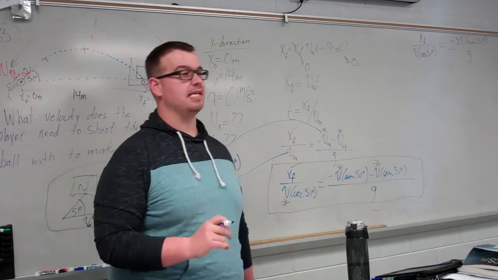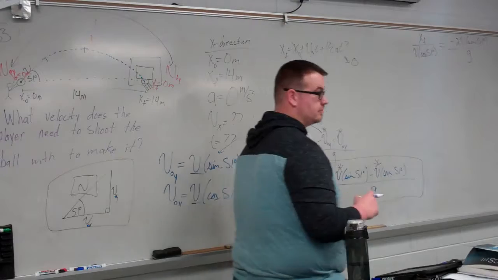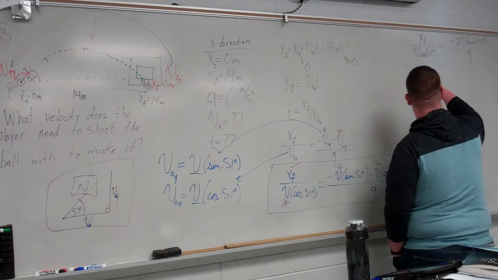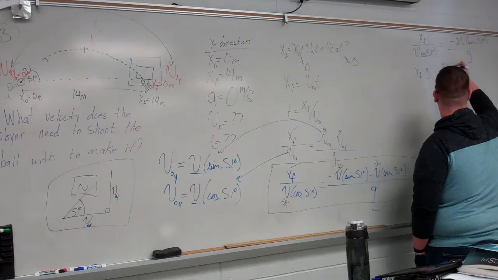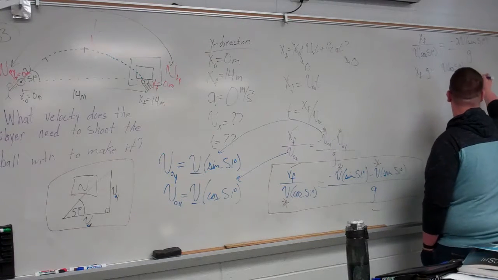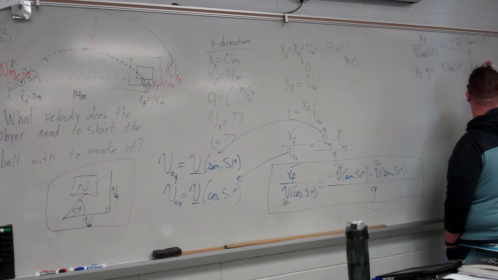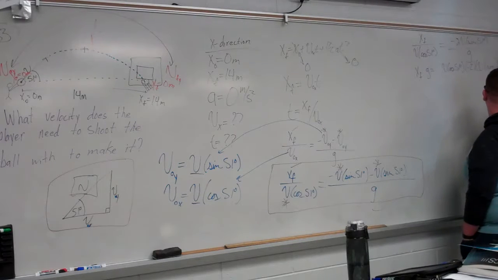I'm going to solve this to where I can get the velocity by itself. So I'm going to end up with x final times gravity is equal to velocity times cosine 51 degrees times the negative 2 times velocity times the sine of 51 degrees.